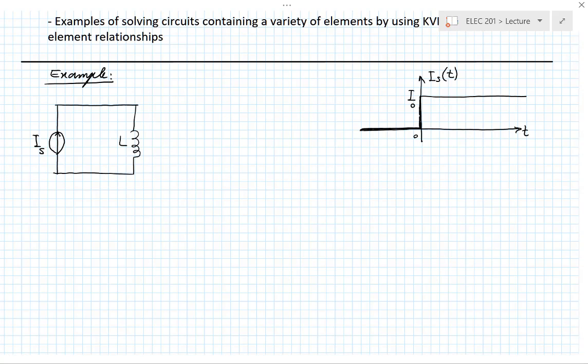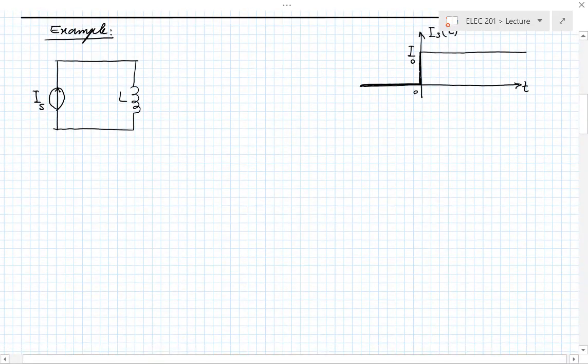I want to see what happens in this circuit and what the inductor does. So like always, let's start giving names to things that we'll be talking about. So this is V, and this is I, the voltage and current of the inductor.